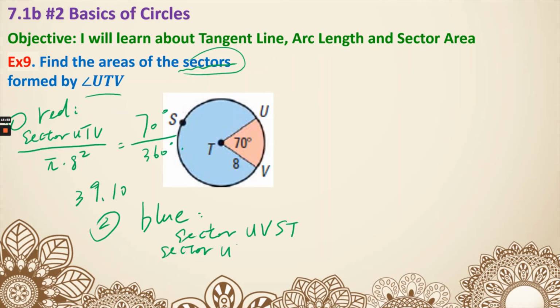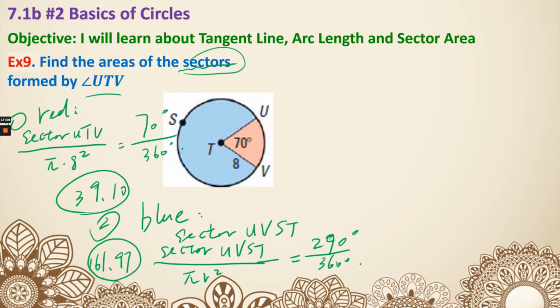Sector UVST compared to pi r squared, which is the whole thing. The right side is going to be, since that was 70 degrees, now 290 degrees over 360 degrees. And for this one, the area is going to be 161.97. Together they should make up the whole circle.